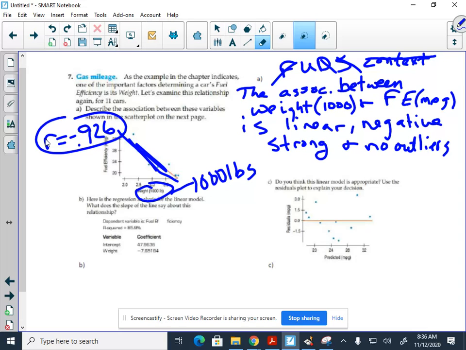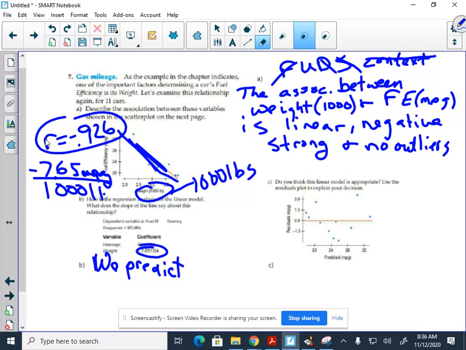Okay? Here's the regression. What does the slope say about the relationship? So, what does the slope of the line say about this relationship? We predict, now be careful, again, it's negative 7.65 miles per gallon over 1 more 1,000 pounds.